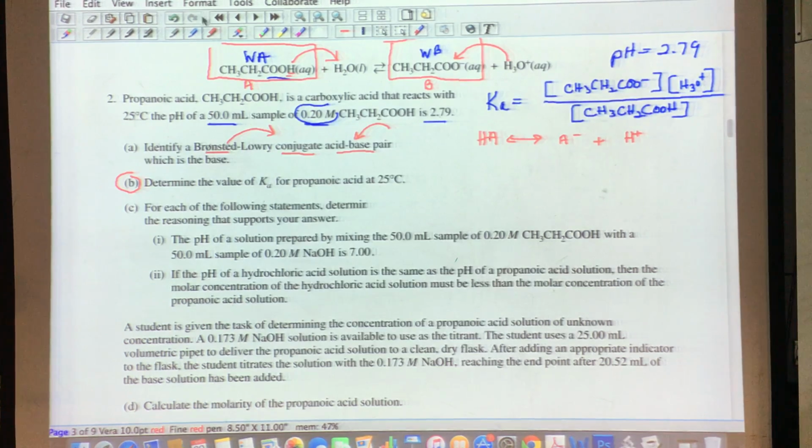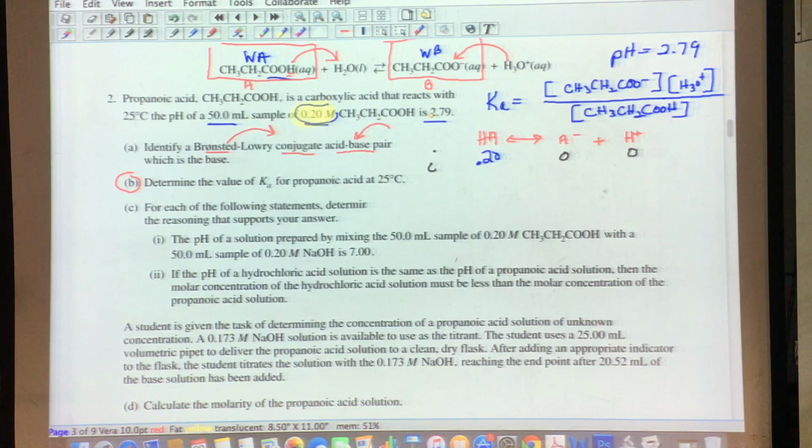Now what do I know initially? Initially, I have 0 conjugate base, 0 protons, or H3O plus, they are synonymous, and I have 0.2 molar of the acid. They gave me that right here, okay?